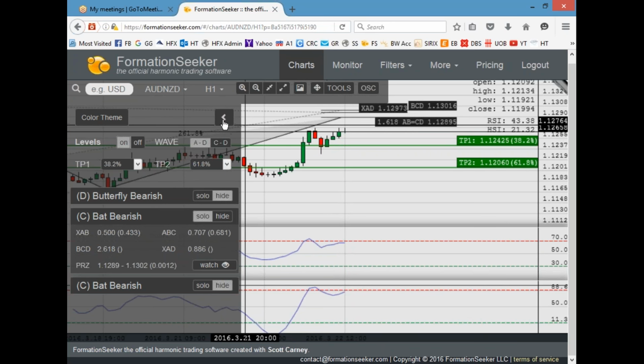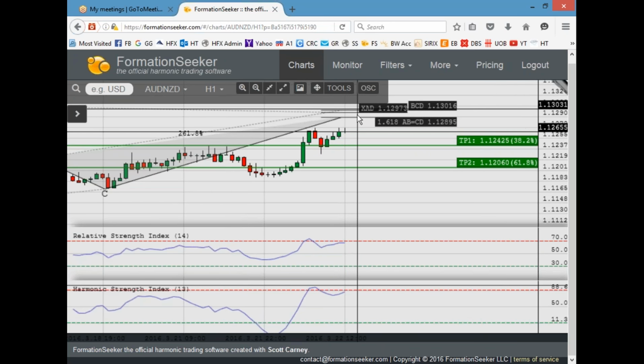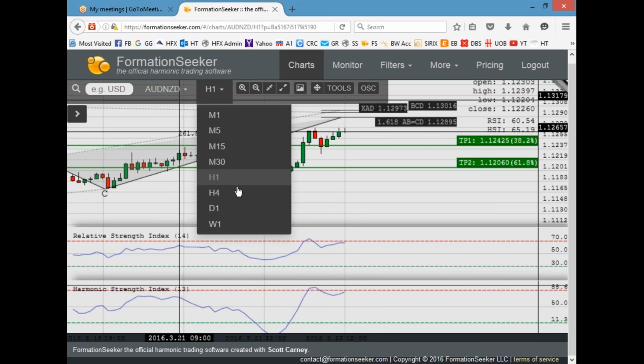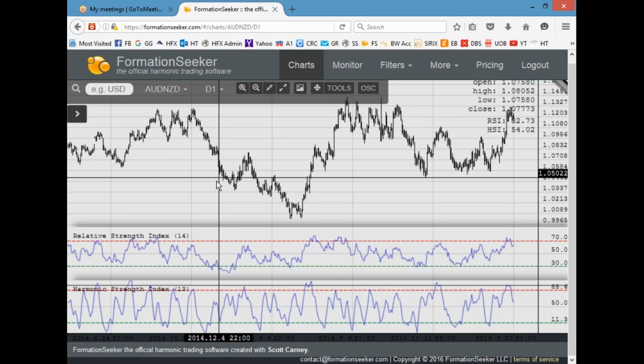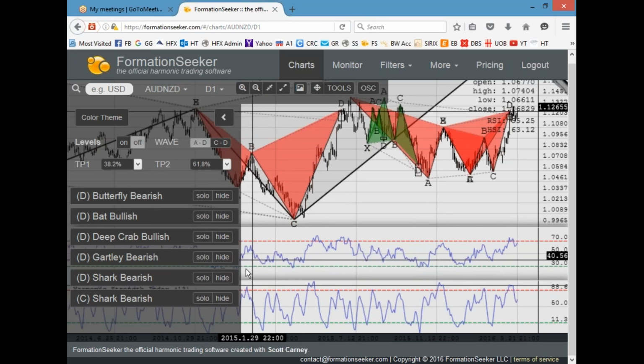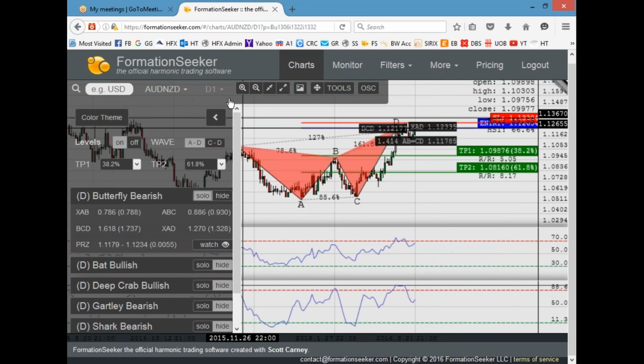So this is a pretty good trade because I know that on a daily level there is a big pattern to sell, and I'm looking for smaller level patterns to coincide with this.